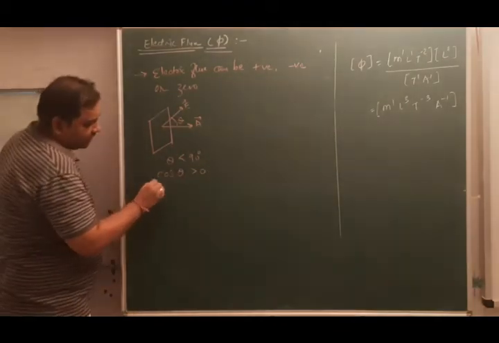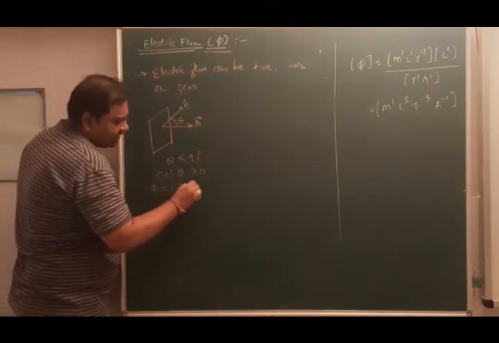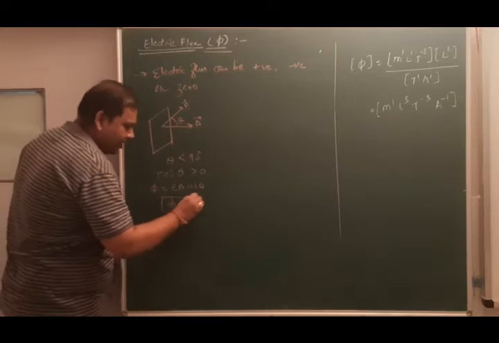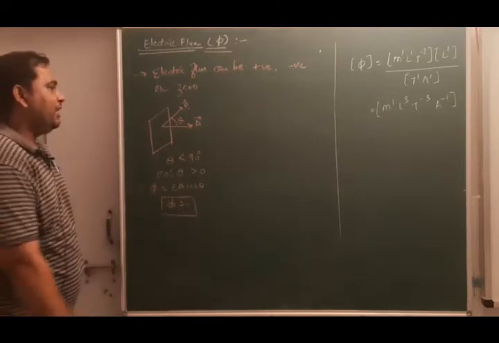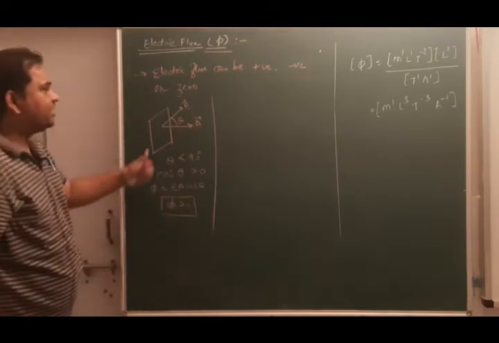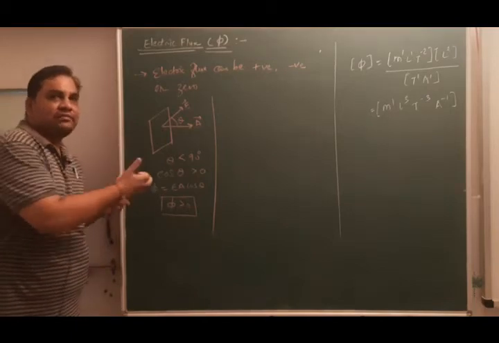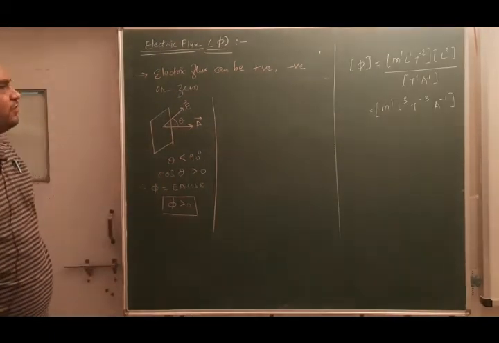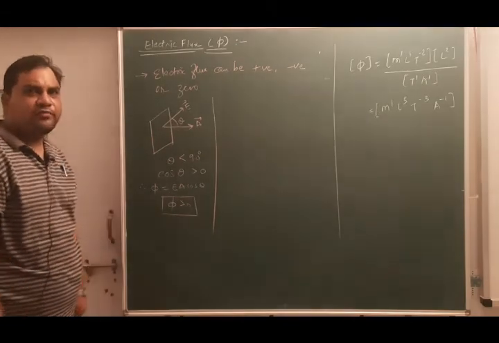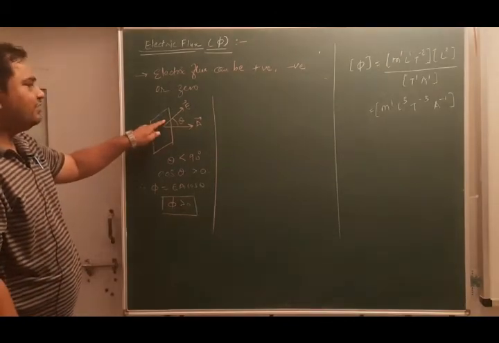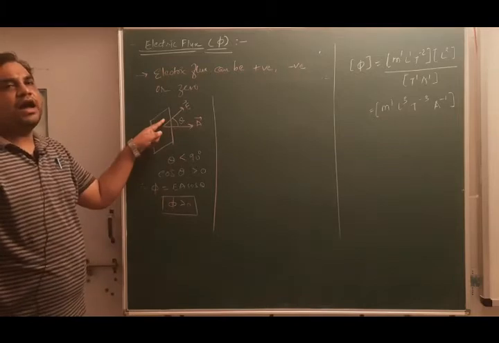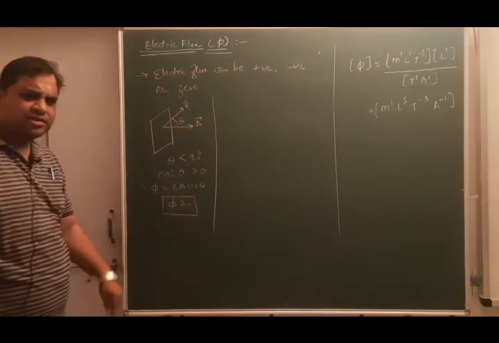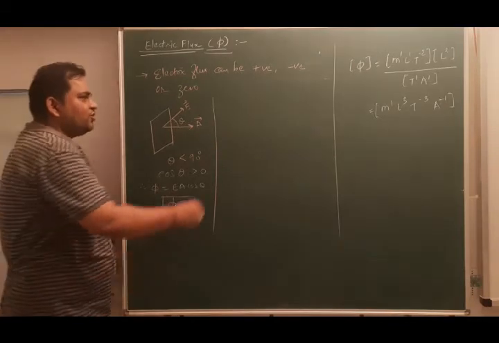So therefore flux, which we write as EA cos theta, तो फ्लक्स भी जो है हमारा यहाँ पे पॉजिटिव हमें मिलेगा. तो आप चीज समझ रहे हैं. Whenever electric field lines are coming out of any surface, that flux is considered positive flux.